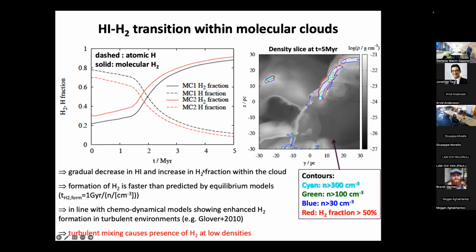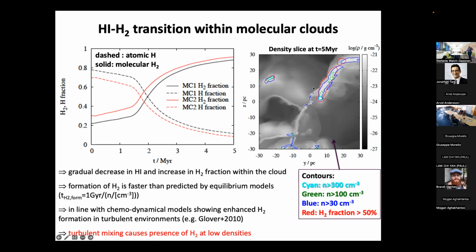And we have looked at where the molecular gas is forming. We find that the turbulence allows the molecular gas to form more quickly than what would be predicted from equilibrium models. Because there's this formula where you can say that the H2 formation timescale is about 1 gigayear over the number density.